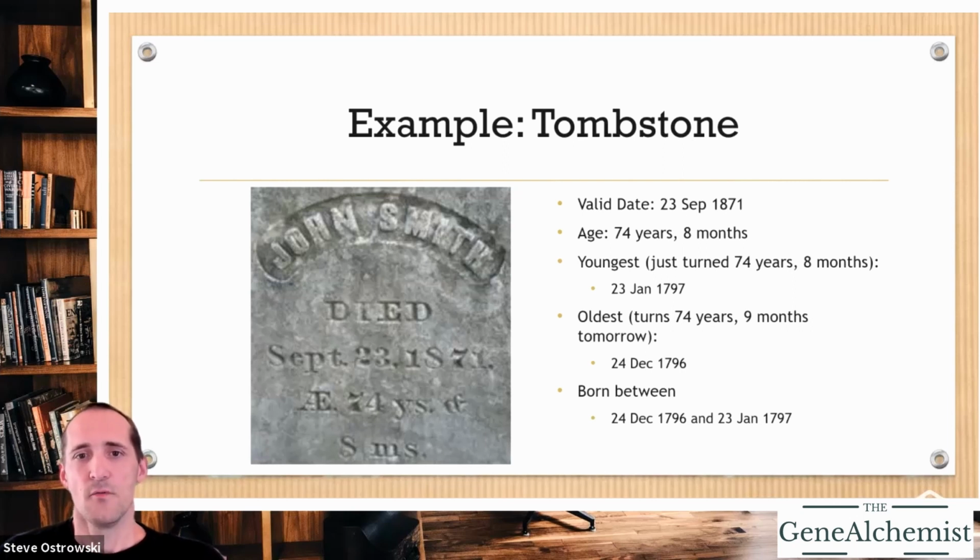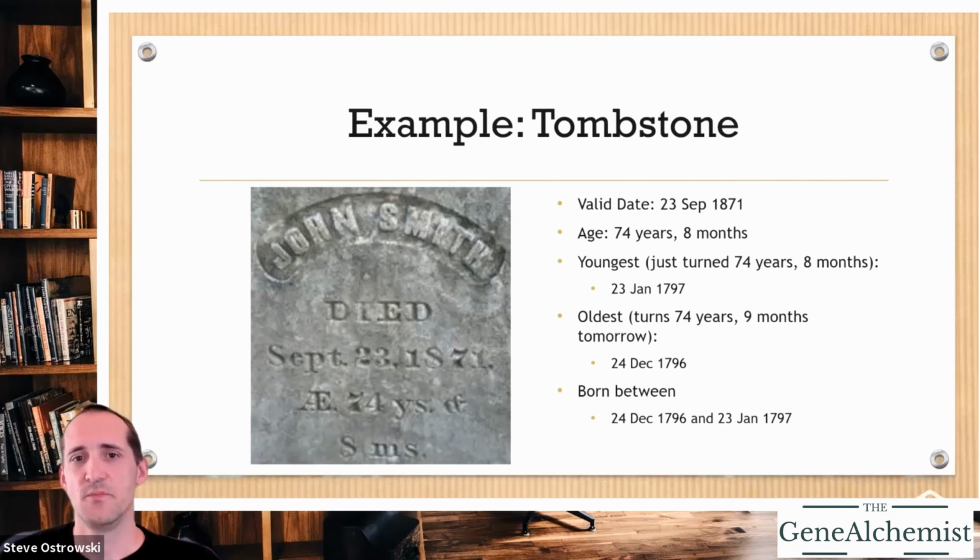Now, we would go to September 24th, the next day after this record, and then we would back up 9 months instead of 8 months. That takes us back to the 24th of December, 1 month earlier than the 23rd of January, which pushes us back a year, 24th of December, 1796.